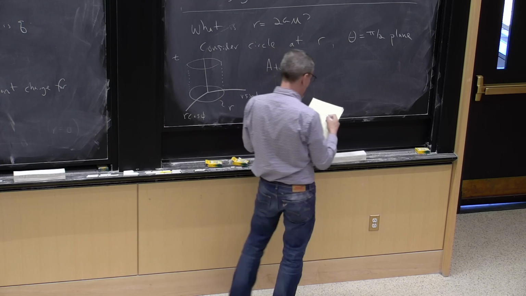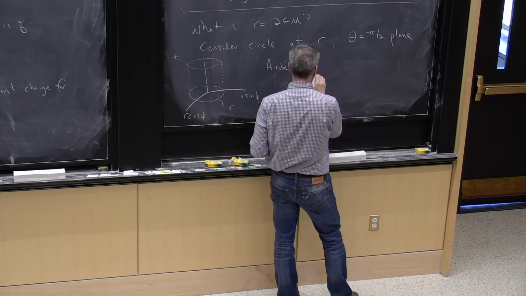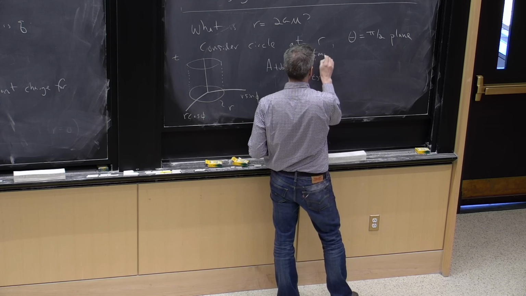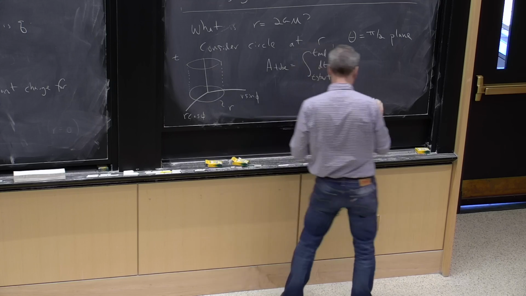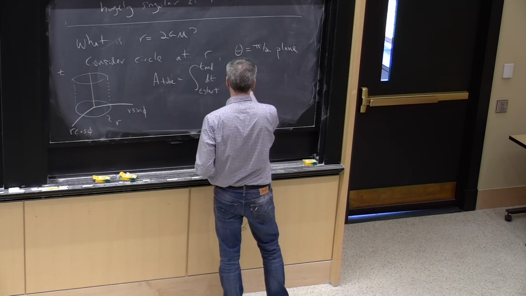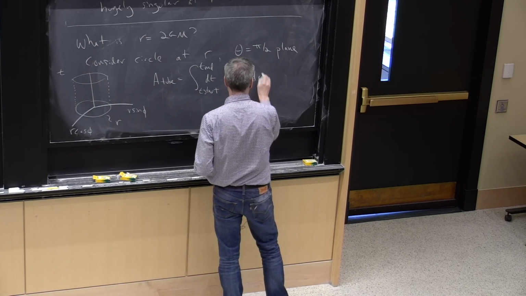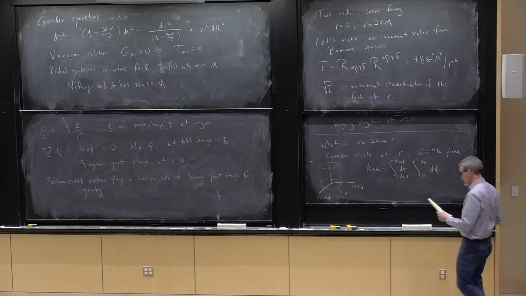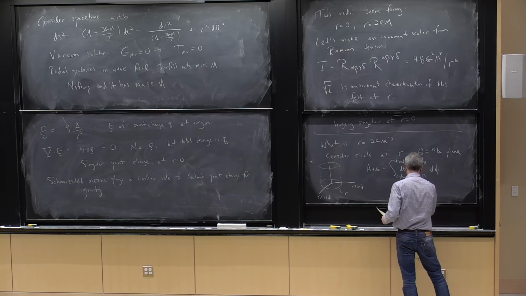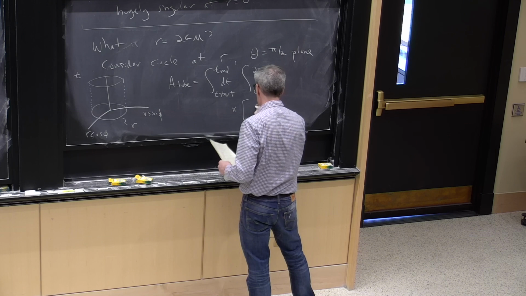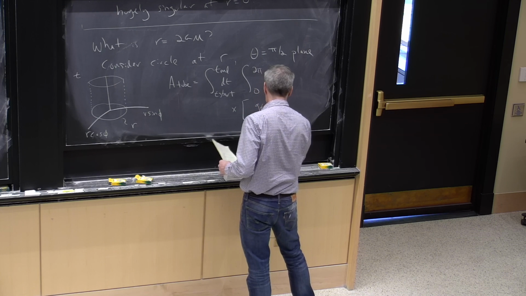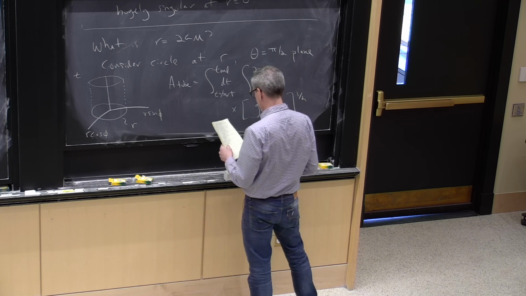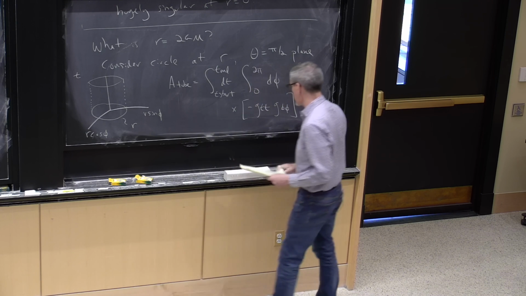So the surface area of my tube, I integrate from some start time to some end time. I'm going to integrate around in phi. And then the proper area element that I need to do this is going to be (g_tt g_phiphi) to the 1/2. Okay? There's actually going to be a minus sign in there to get the sign right.